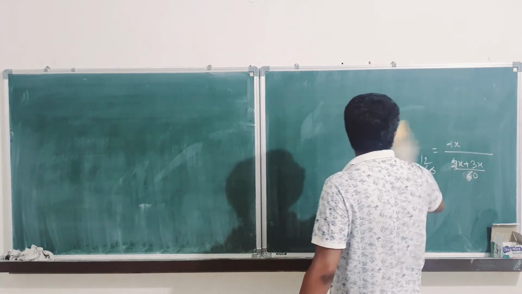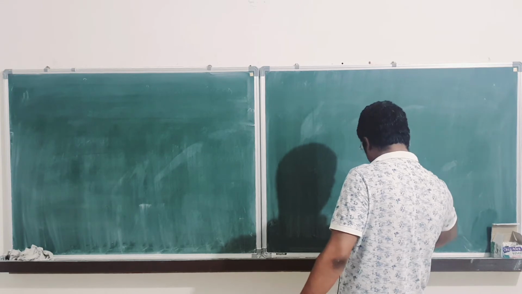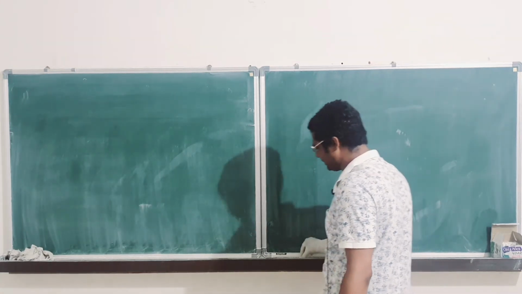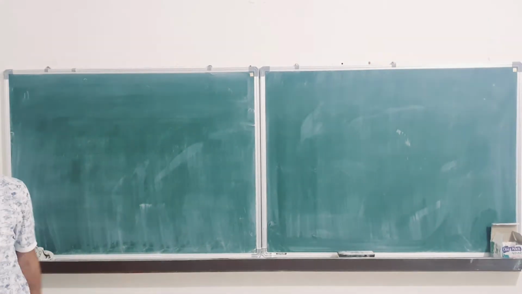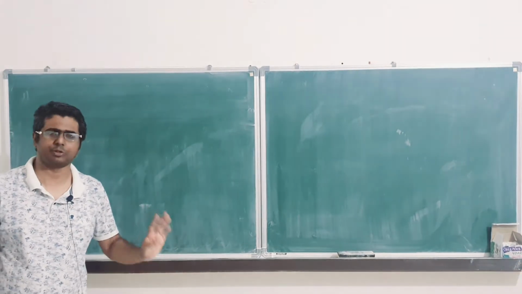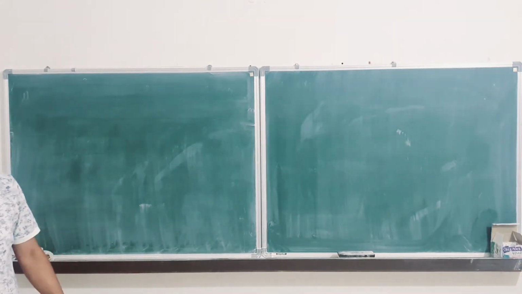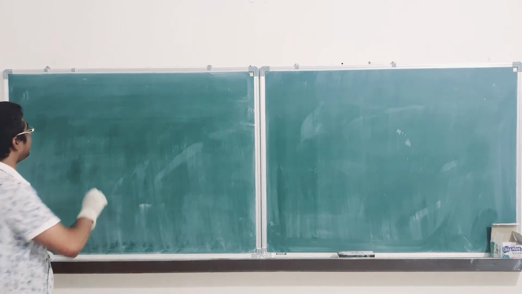So what did we learn about speed or velocity? We learnt that this is basically the change in position per unit time, nothing else, right? Change in displacement per unit time, change in distance per unit time. Now we will be doing instantaneous speed. What is instantaneous speed?